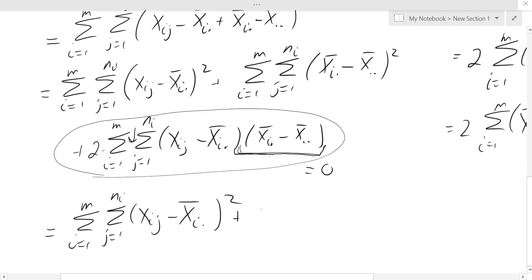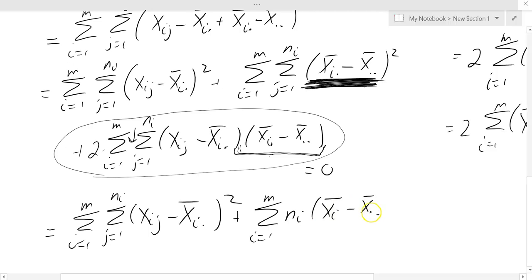Now the other one we could write a little bit differently as well, because again, does this have any j's in it? The one that I just underlined here? No. So that second term we can just rewrite as n sub i times x bar sub i minus x bar sub double dot, squared.